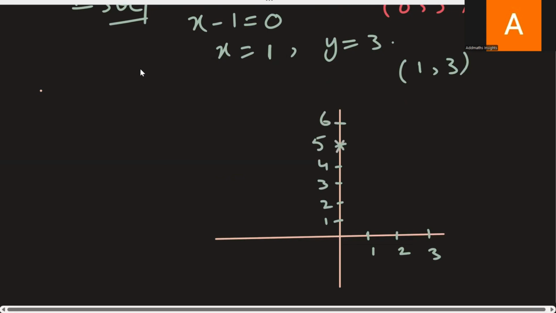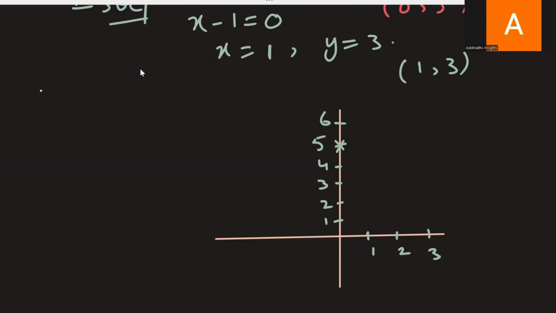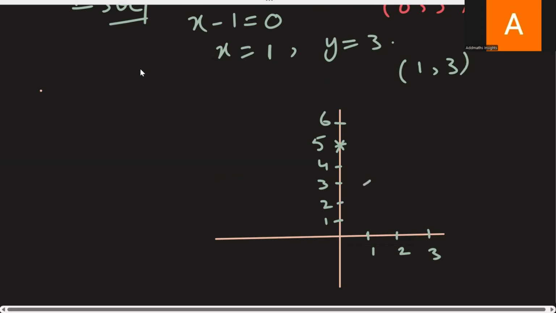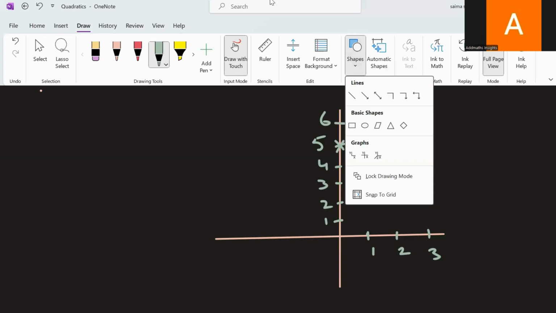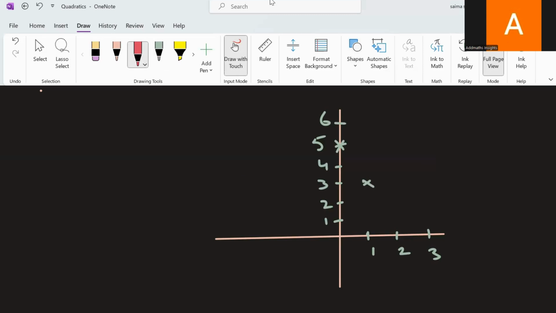First you mark the y-intercept, which is 0 and 5. Then you mark the turning point, which is 1 and 3. Now you know there is a line of symmetry that passes through the turning point.